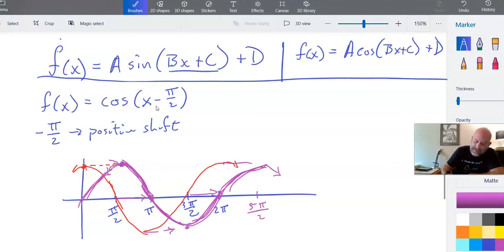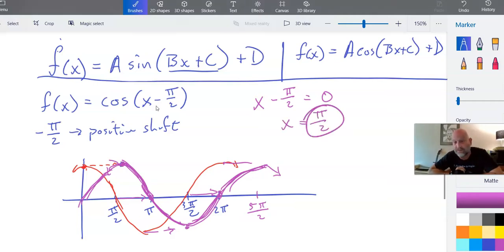What's really happening is you're asking yourself, if you want to know what the shift is, it's x minus pi over 2, set it equal to 0, and whatever the solution is is what your shift actually is. So if you add that over, you get x is equal to positive pi over 2, and that's your phase shift. That's actually how it works.